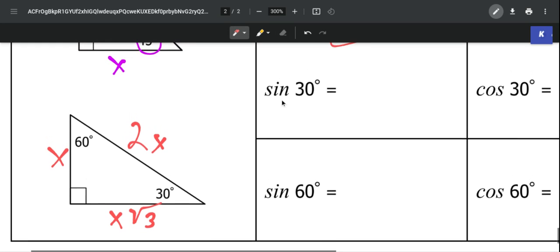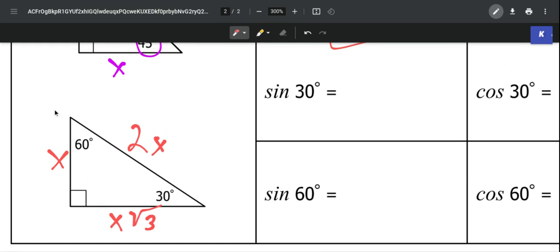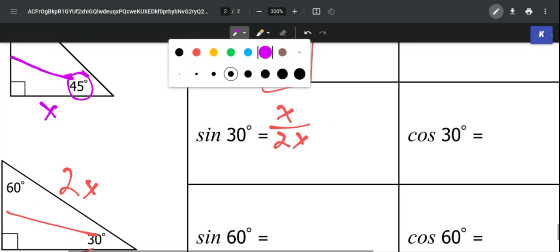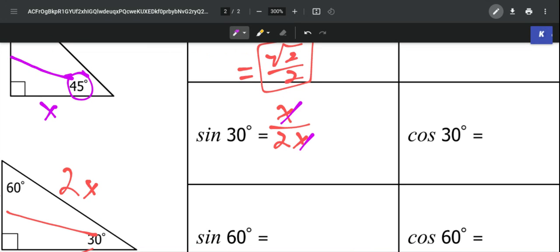So if we're looking for sine 30, we're saying the opposite of this 30-degree angle, which is x, over the hypotenuse, which is 2x. So now this one's a little bit easier. All we have to do here is cancel out x, and we're left with 1 over 2. So if you ever see sine of 30 degrees, every time it's 1 over 2.